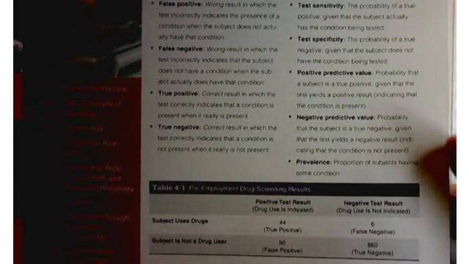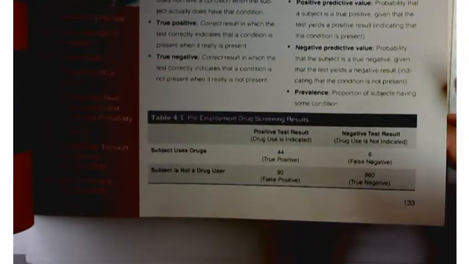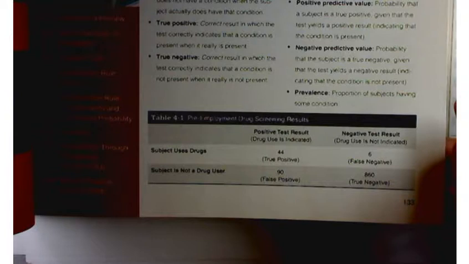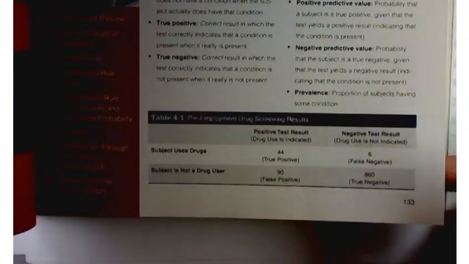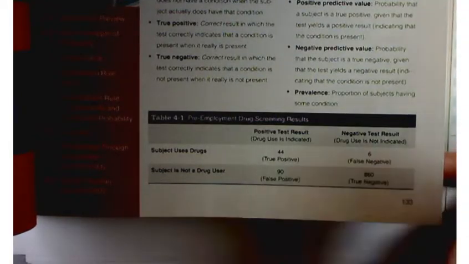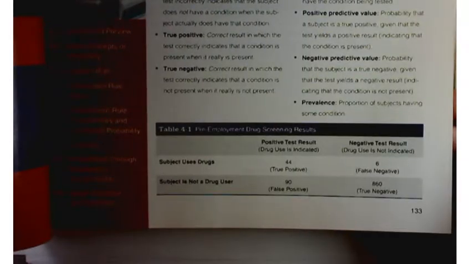So it's this table on the intro page of this chapter. And I'll copy down the table for us right here. But if you want to pause the video and check that out, there you go.